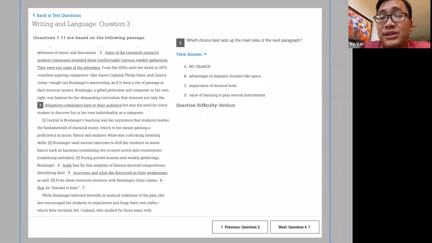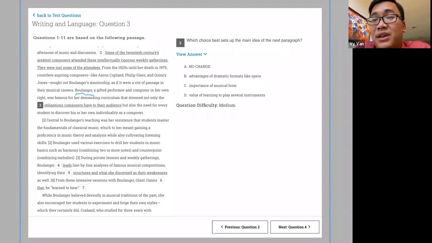The way I do it is let's read that sentence. This is where I'm reading, the sentence that has number 3. Boulanger, a gifted performer and composer in her own right, was famous for her demanding curriculum that stressed not only the obligations.